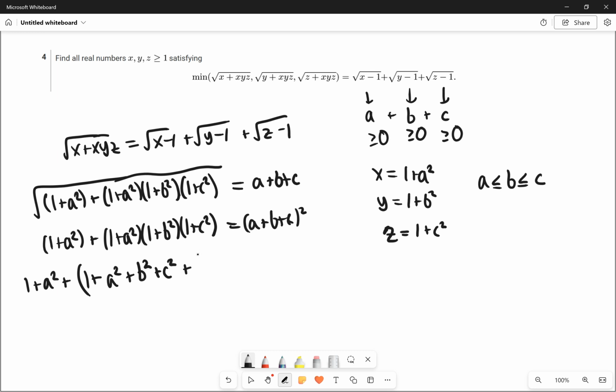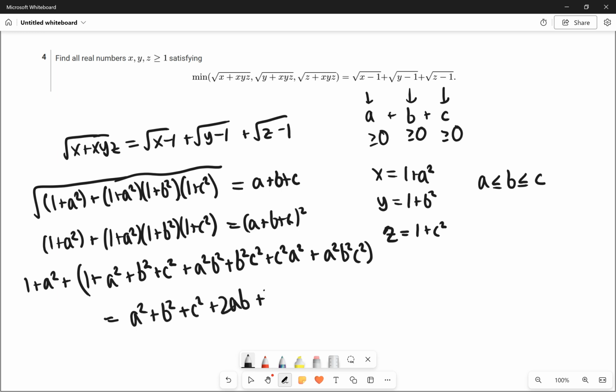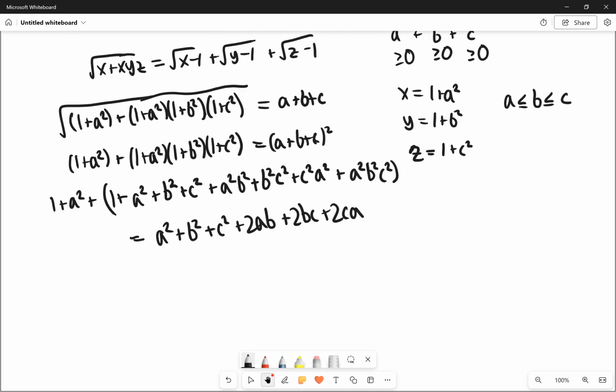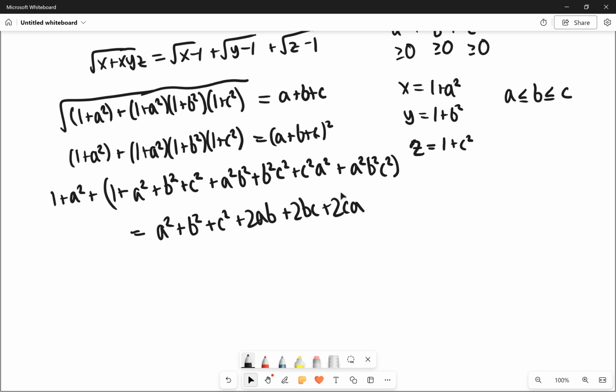And then we also get the similar terms a squared b squared plus b squared c squared plus c squared a squared. And then finally the term a squared b squared c squared. And this is equal to a squared plus b squared plus c squared plus 2ab plus 2bc plus 2ca. All right, so now that we have this, we can see that these guys cancel out.